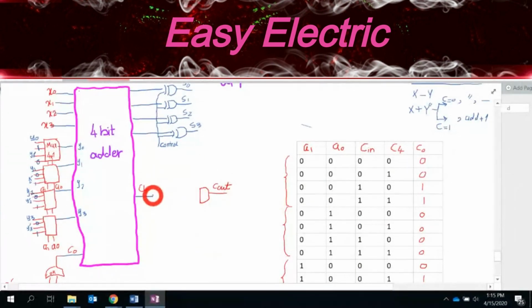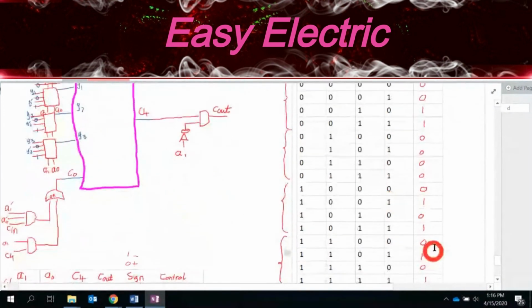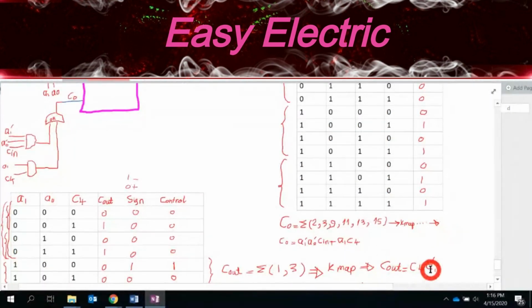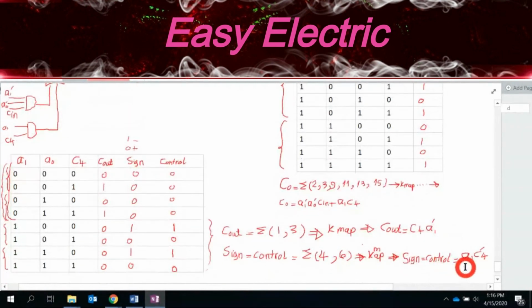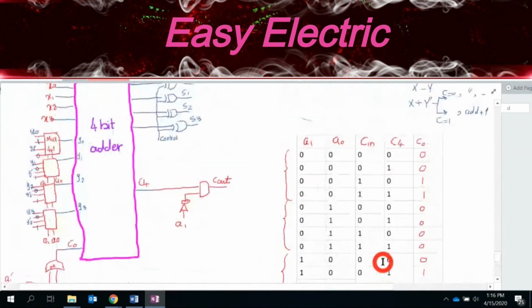So one input should be C4, the other should be A1 prime, right? So that means cout is C4A1 prime, and the next one, the sign and control, is A1 C4 prime.